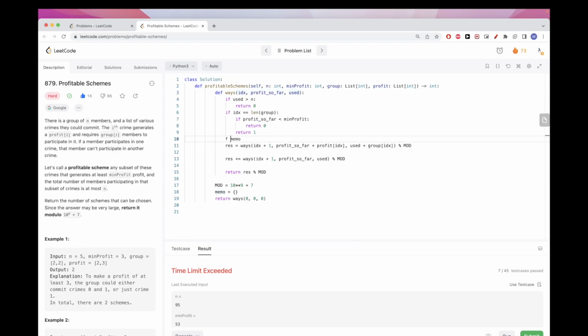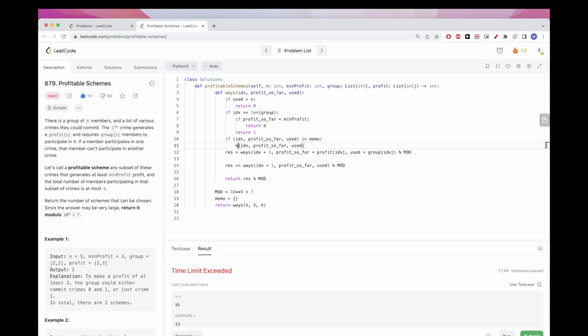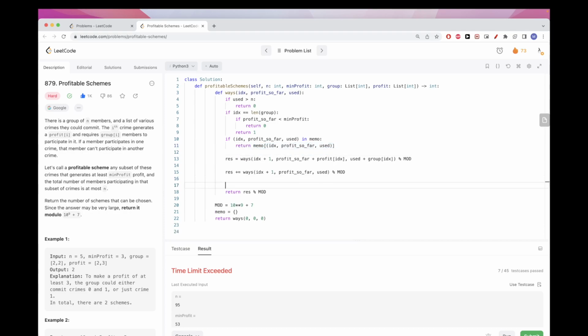If this is in our memoization table, then we just return it. Otherwise, we need to store it, which can be just the result mod the mod value, and then we return it. Okay, let's see if this works.